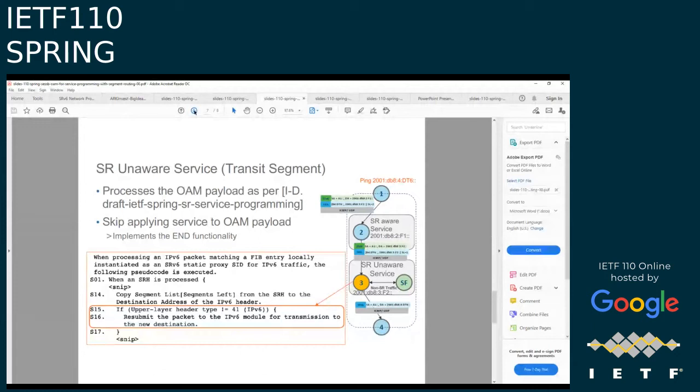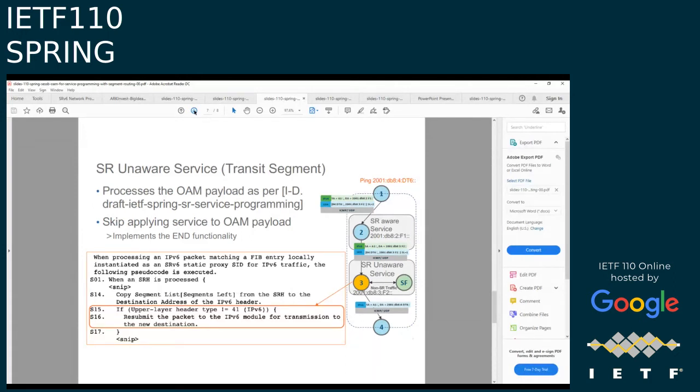Now we are zooming into transit functionality for an SR unaware service, which is node number 3 in this case. This is a snippet from the pseudocode in SR service programming: node number 3 will skip the application of the service function and will resubmit the packet for IPv6 transmission, which means that it implements the End functionality. So the packet is then sent towards node number 4, as shown in the figure on the right.